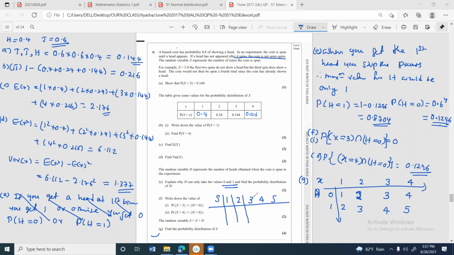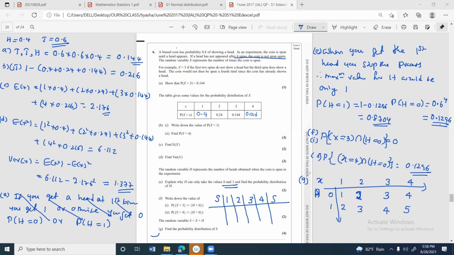Now you can understand that all these elements can be like this. From the first time, 0 plus 1, that means you are getting this kind of situation. This element indicates that you throw once and you get a head at the first time.